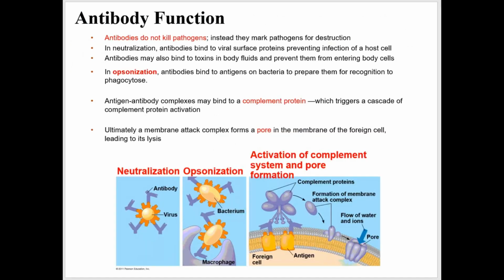So what type of function do we have? The biggest misconception that students have is the fact that they think that antibodies kill pathogens. Well, that is not true. So keep in mind that antibodies do not kill pathogens. Instead, what they do is mark pathogens for destruction. They capture them. They localize them.